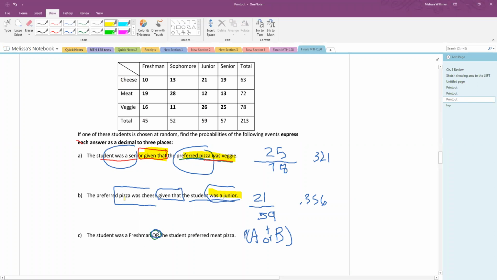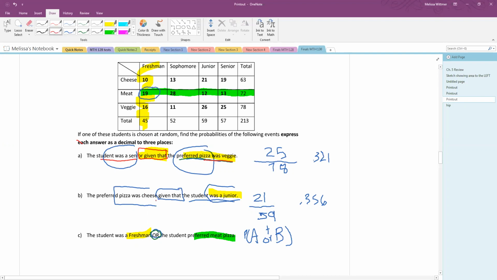Always go to your table and mark it because you want to see if the rows and columns intersect each other. So freshman comes first. Freshman was this first column, so I'm going to highlight that. And then preferred meat pizza. Meat pizza is this row. Now notice that my column and row intersected and the number 19 appeared in both of these totals.